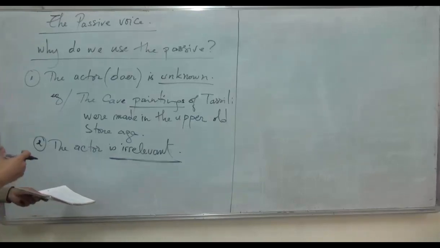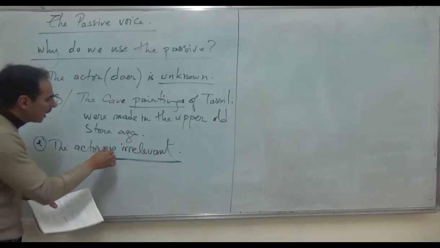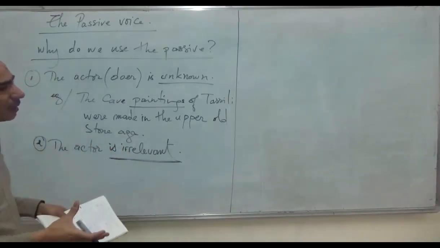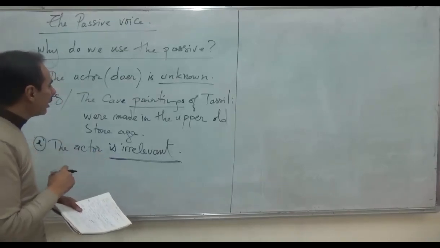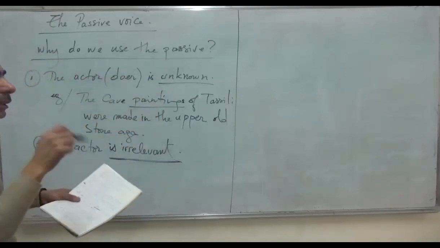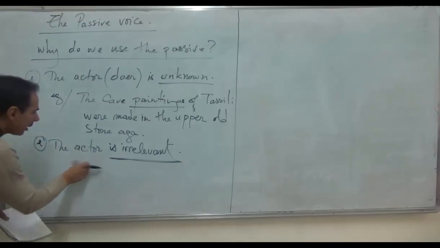To mention it or not to mention it is irrelevant, because what is important in my sentence is the action and the particle on which we did the action. It means the person we acted on, or the thing we acted on.